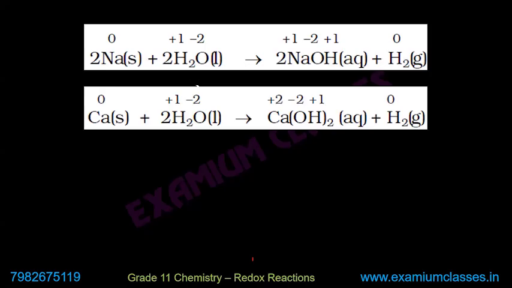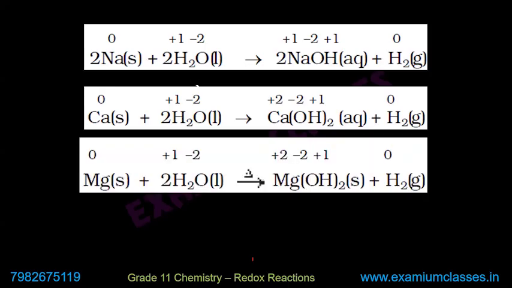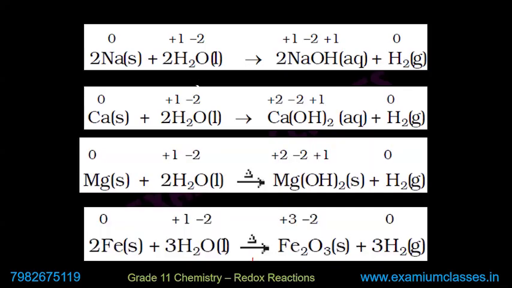Calcium displaces hydrogen, magnesium displaces hydrogen, iron displaces hydrogen. In all such cases you can see that we have water here, so it might be in the form of oxide, but with water it is in the form of hydroxide. In the first three you see, it is actually in the form of hydroxide.